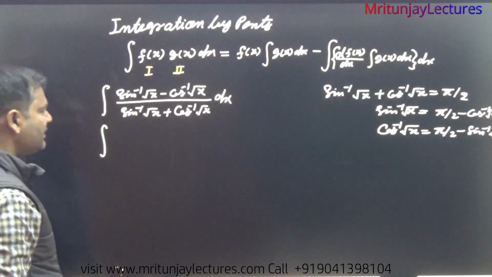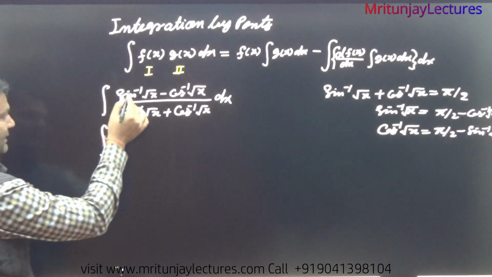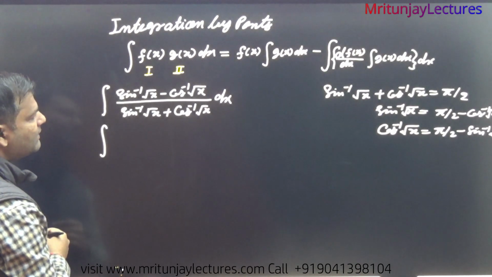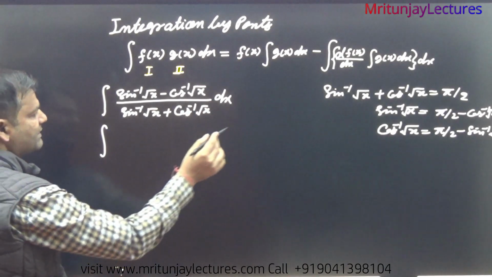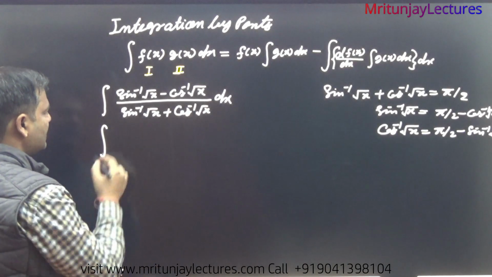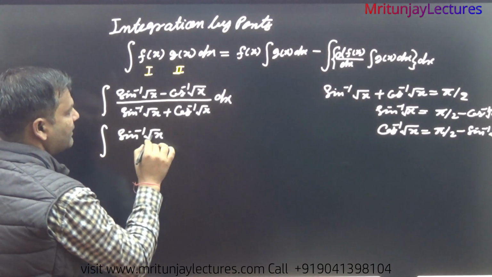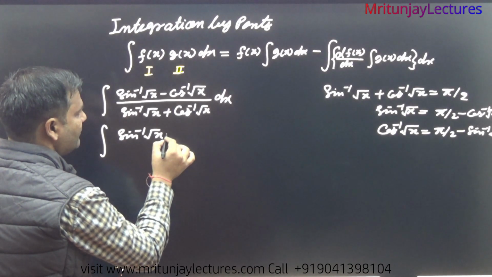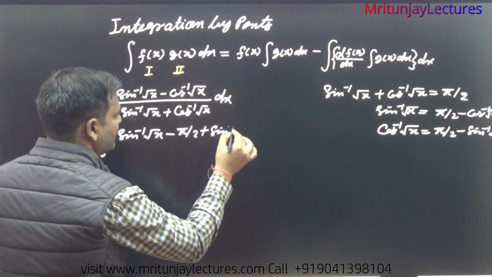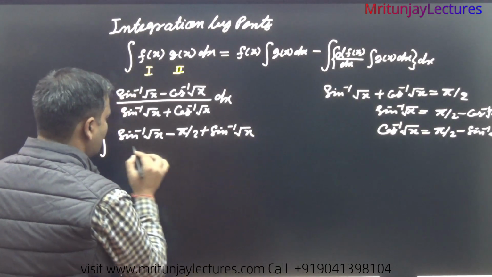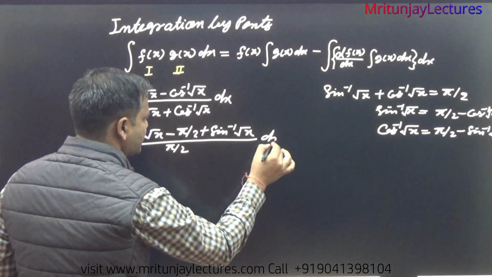Now, in the denominator, if you see very carefully, that was pi by 2. And that one is sin inverse minus cos inverse of something. So cos inverse x is written as pi by 2 minus sin inverse x. So that one is minus pi by 2 plus sin inverse root x, whole divided by pi by 2, into dx.